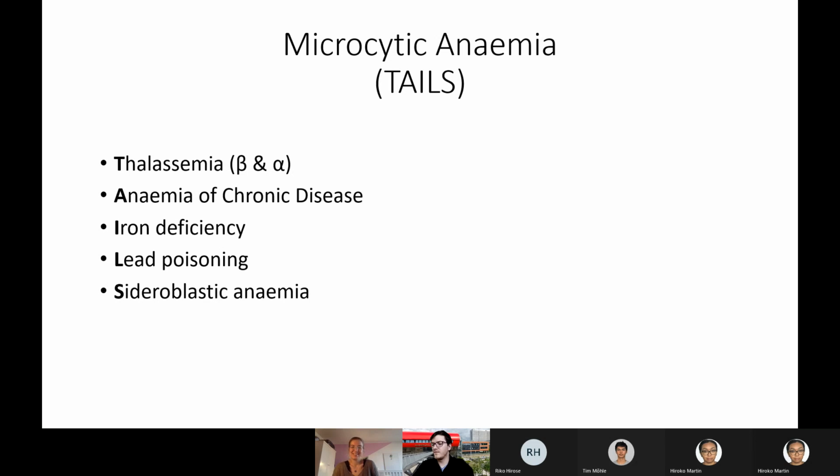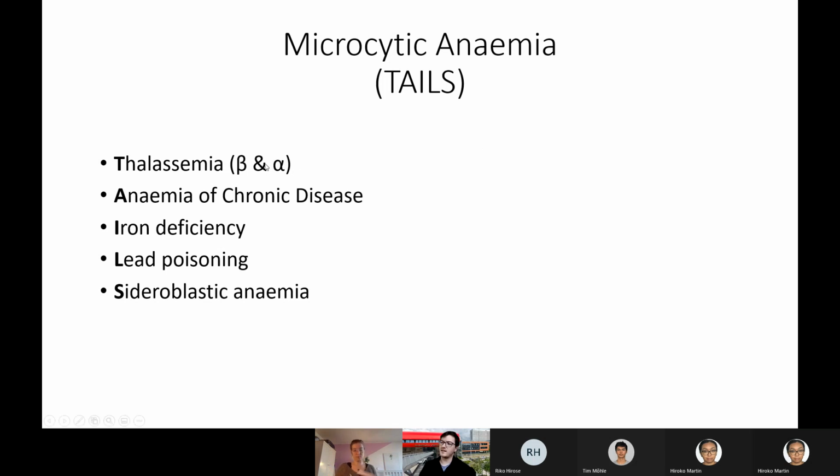All right, so thalassemia is a genetic disease. It could be either alpha or beta. It's more common in the Mediterranean area and also in Asia. This genetic disease results in a bad globin molecule, meaning that the patients are more prone to anemia.